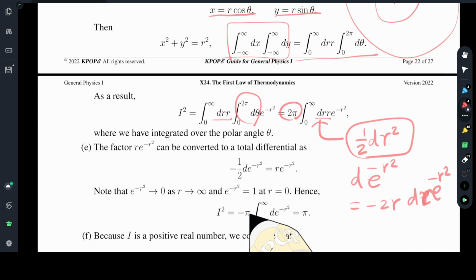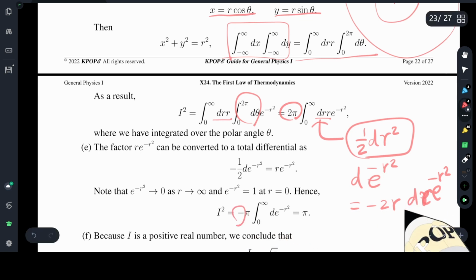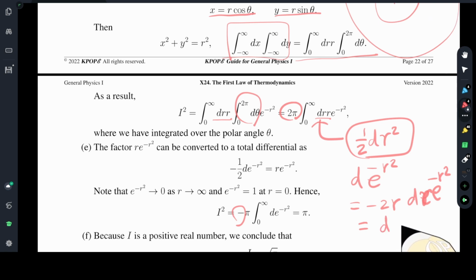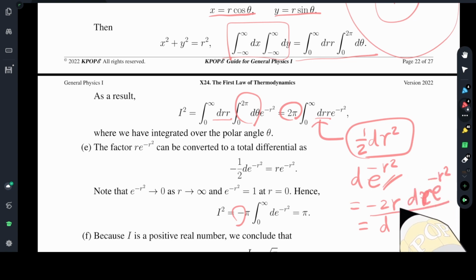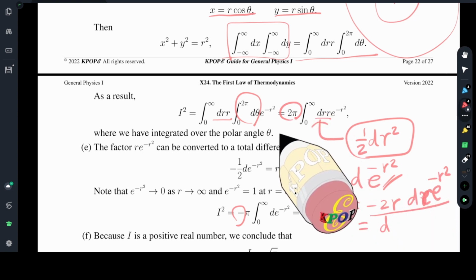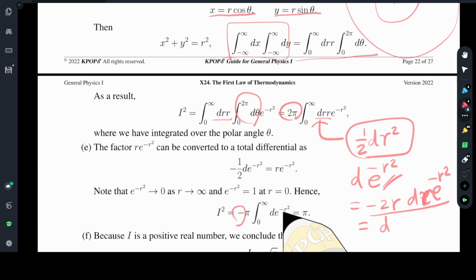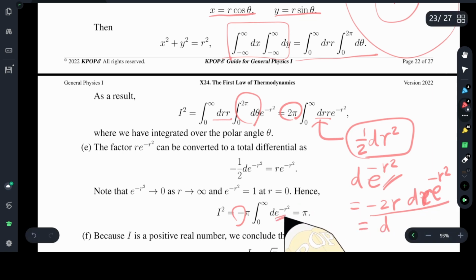So I have my negative sign on it, and this is just d. This minus 2r dr is the differential of minus r squared. So that means I have to erase 2, and the integral from 0 to infinity becomes the total differential.